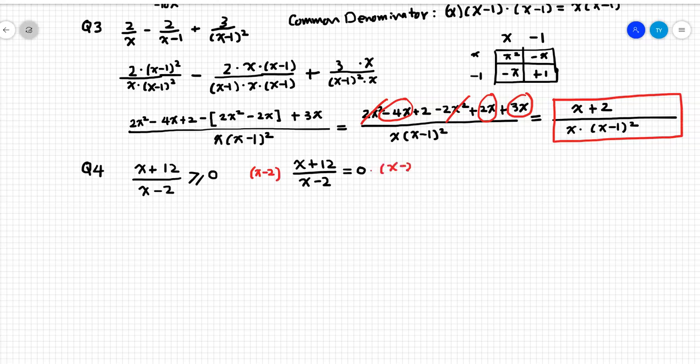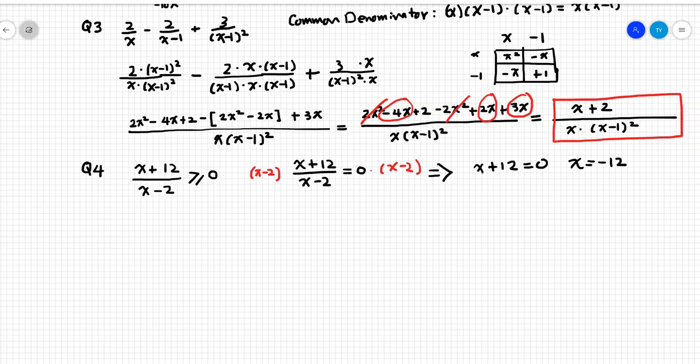If you do that, 0 times x - 2 is still 0, so you get x + 12 = 0, so x is equal to -12. So one of the interval points is -12.